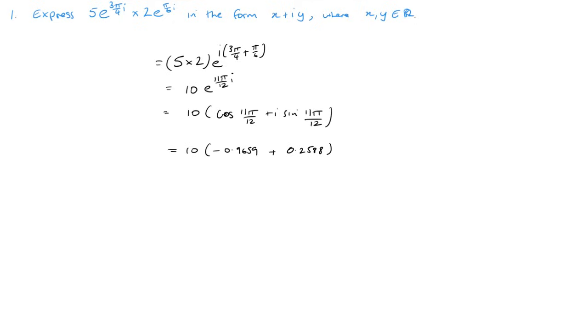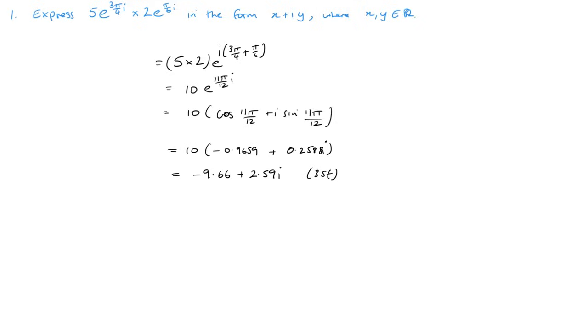These are to four significant figures, and times them by the 10, we get minus 9.66, if we do 3 significant figures, plus 2.59i to 3 significant figures there.